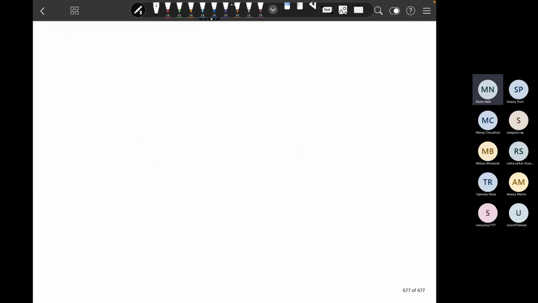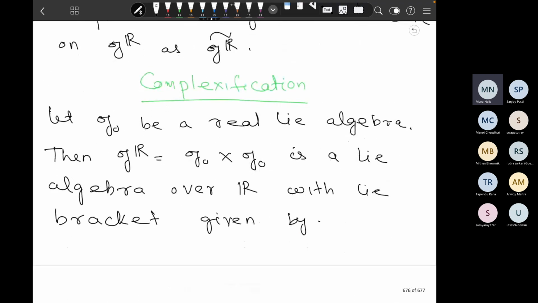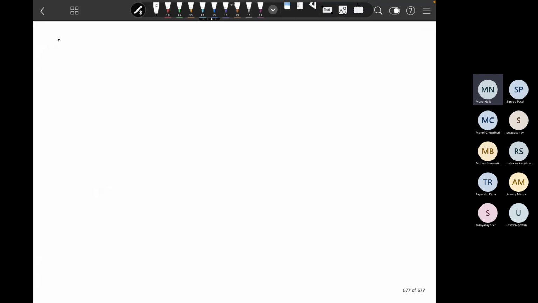So G_R is set theoretically the product of G naught and G naught, and the Lie bracket will be given by something like this. This is a little bit important here.